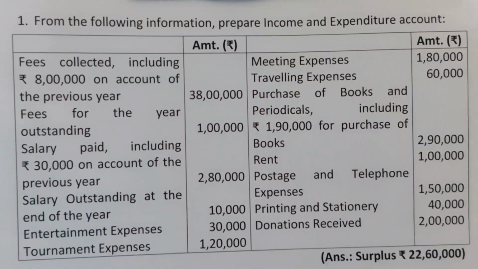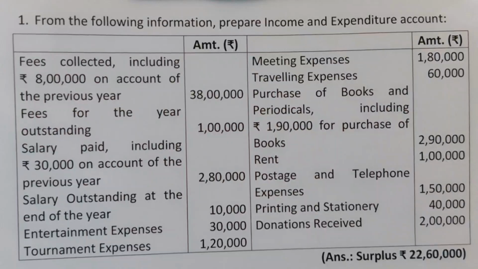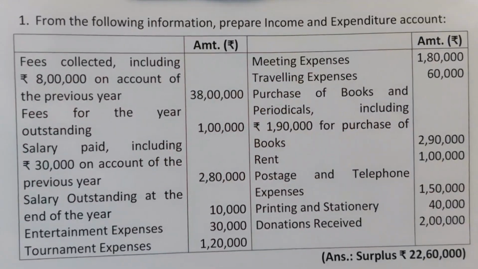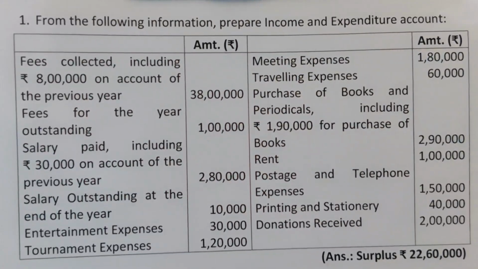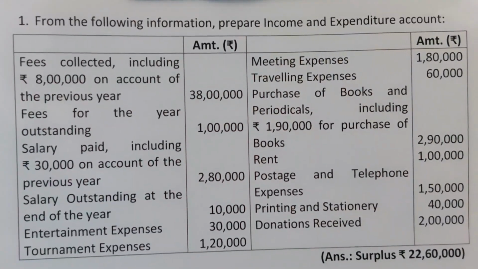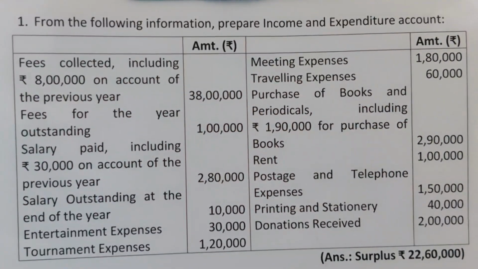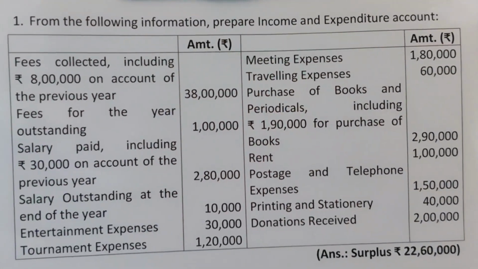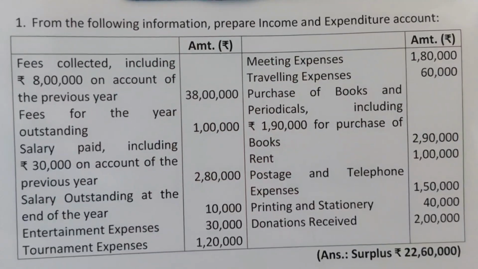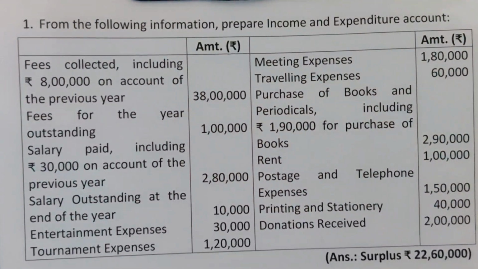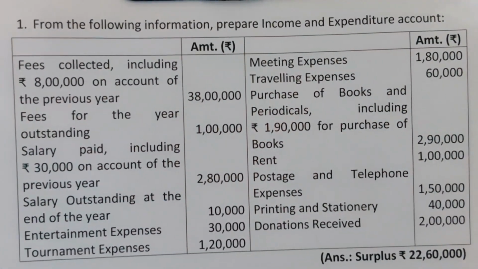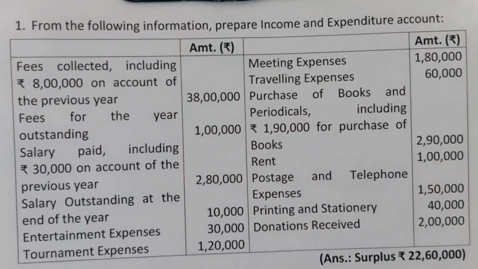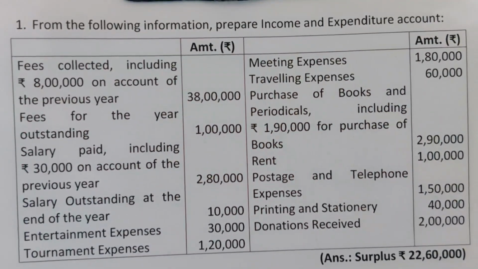It means total 2,90,000 rupees was paid for books and periodicals, out of which 1,90,000 is for books. And books are our assets and periodicals are our revenue expenditure. So 1 lakh rupees is to be taken to the income and expenditure account. Rent 1 lakh, postage and telephone expenses 1,50,000 rupees, printing and stationery 40,000 rupees, and donations received 2 lakh rupees.